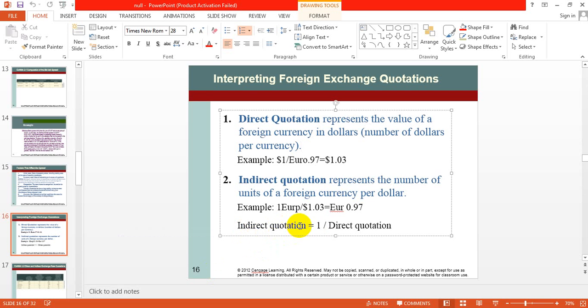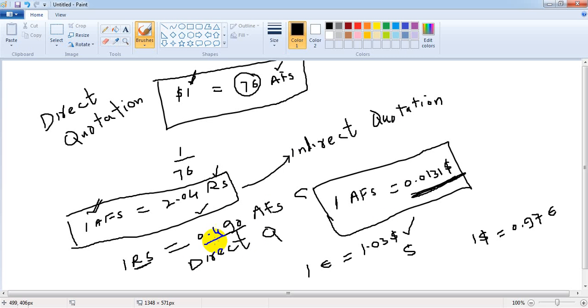So indirect quotation is 1 divided by direct quotation, just like we did here. 1 divided by 76, so we got this one. Simply, if direct quotation is 2.04, then 1 divided by this.